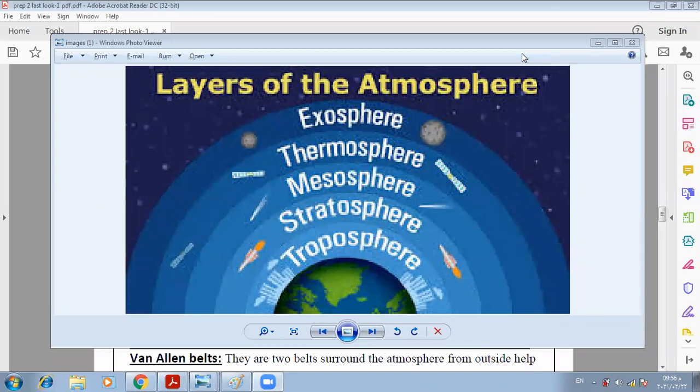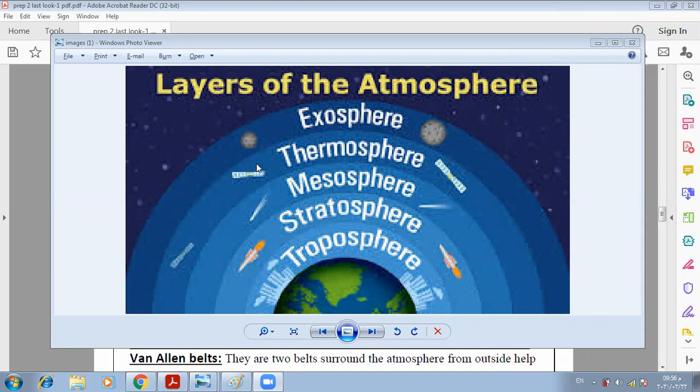So I have explained the fourth layer briefly. What else? At the last region in the thermosphere there is a charged ion. That means this region is called the ionosphere.